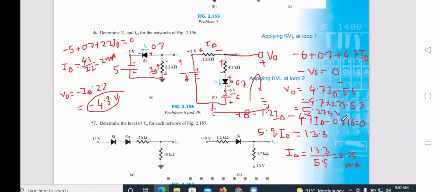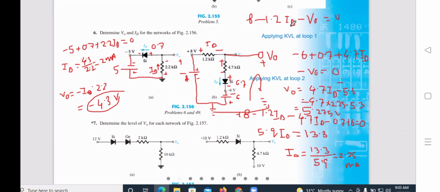There is another way you can come. VO is between this point and ground. So you have 8 volt here minus how much you have dropped here. That is your VO. So from this side it will come: minus VO plus 8 minus 1.2 ID equals to 0.